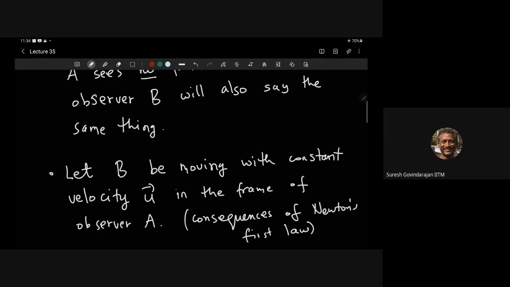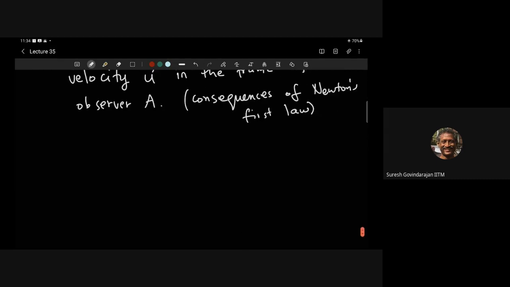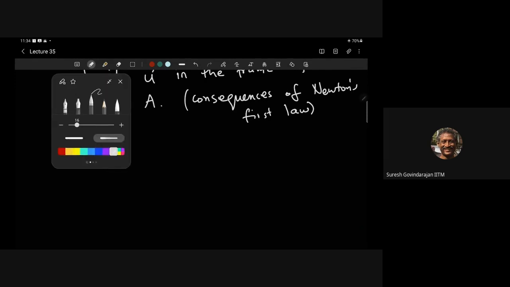Okay, is this clear? So this is what is going on, and this is what I will assume, and now we will do a thought experiment.